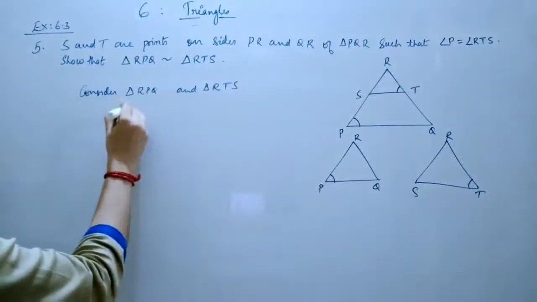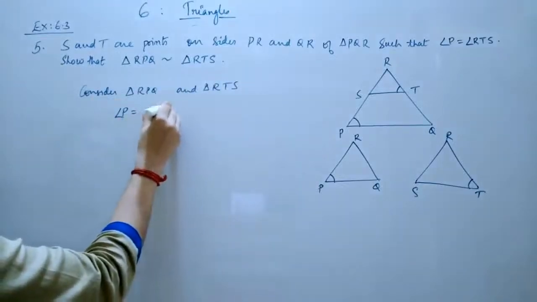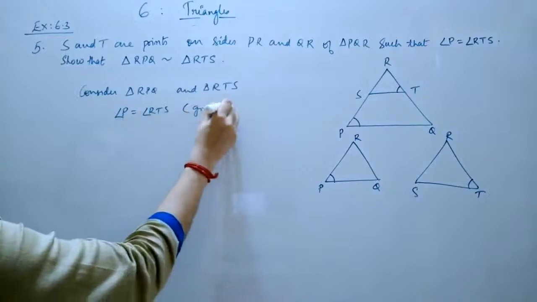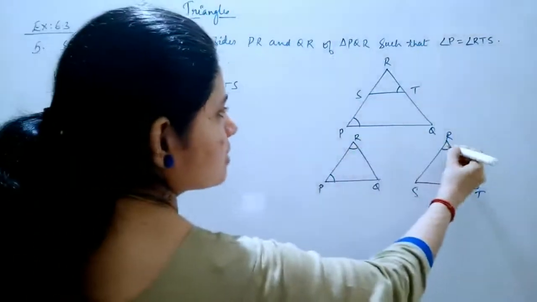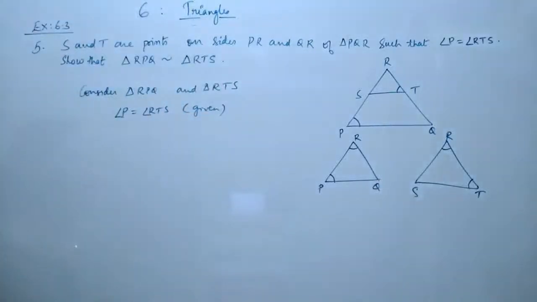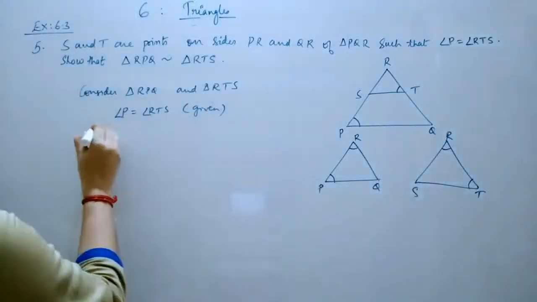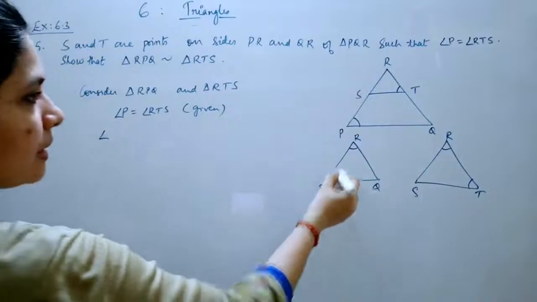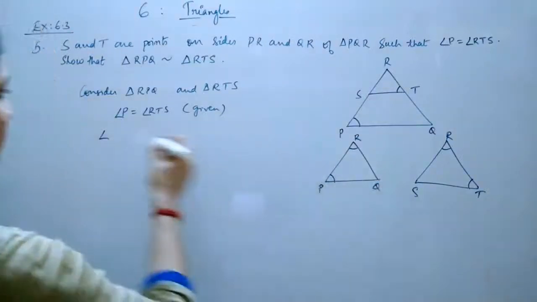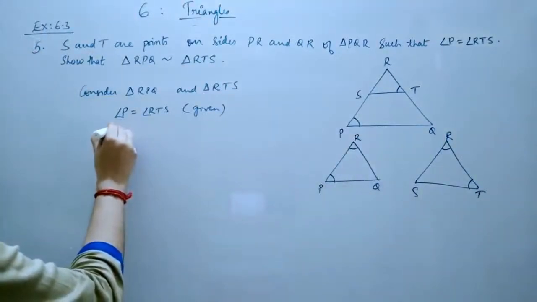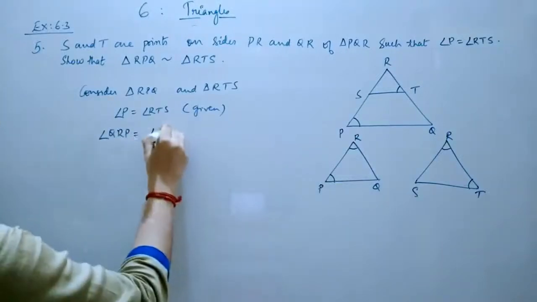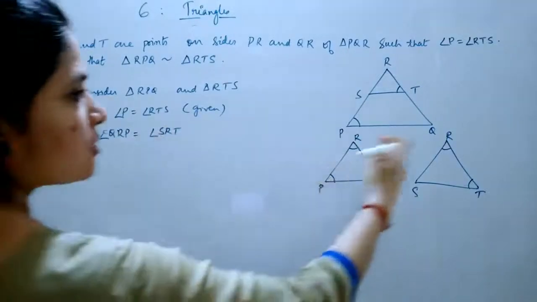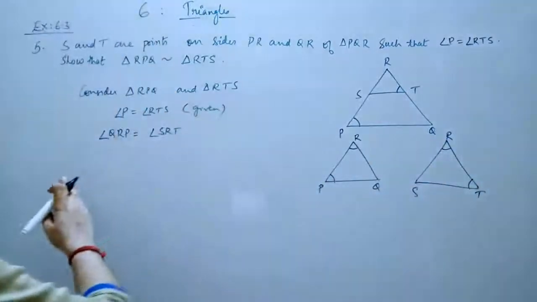Here the concept which is given is angle P is equal to angle RTS. Now again you can see that for both the triangles angle R is common, so we can write angle QRP is equal to angle SRT, because angle P is equal to angle T means you have to take in the opposite direction.